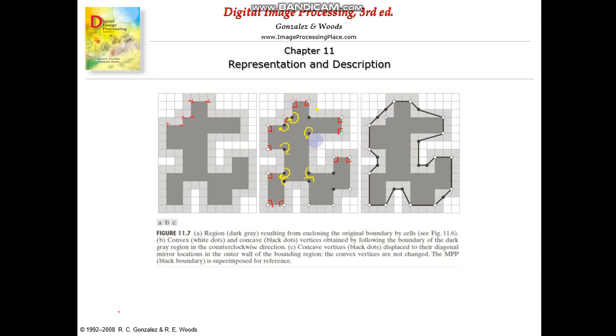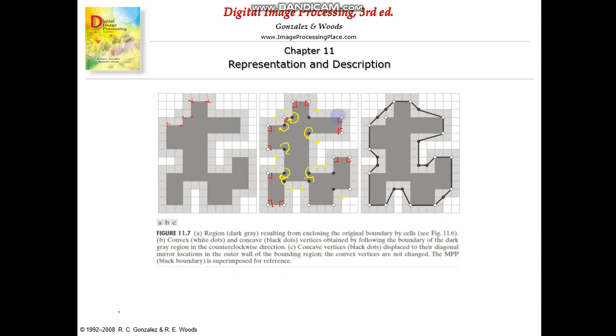So every concave vertex is displaced to its mirror location. Convex vertices, let them be there. I hope it is clear for you. This is the mirror vertex of this concave vertex. For every concave vertex I took the mirror.